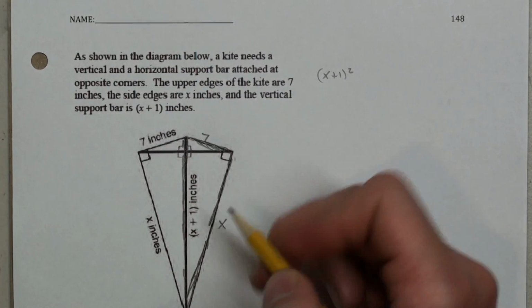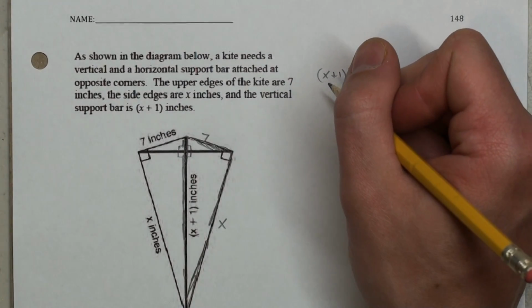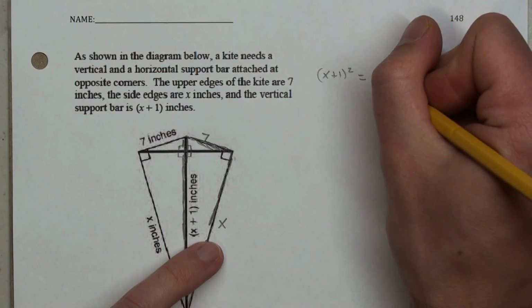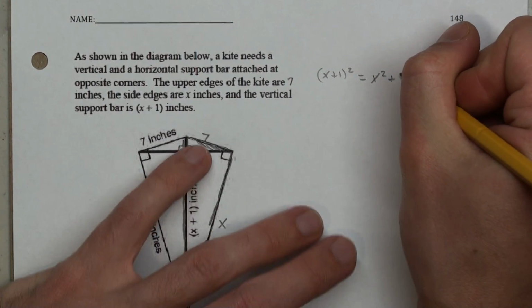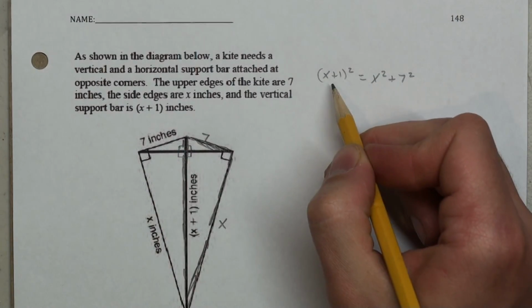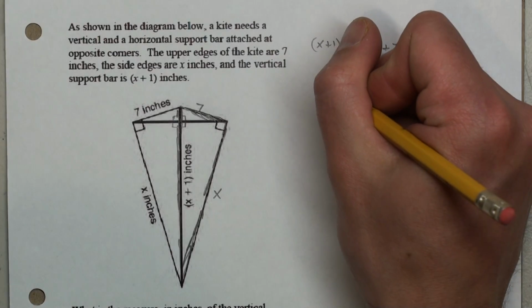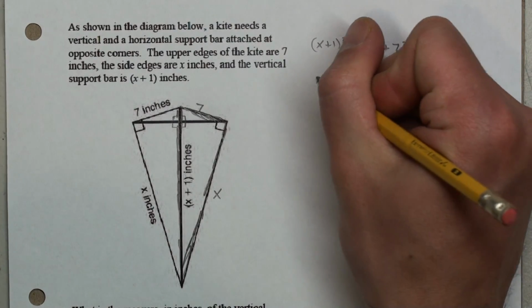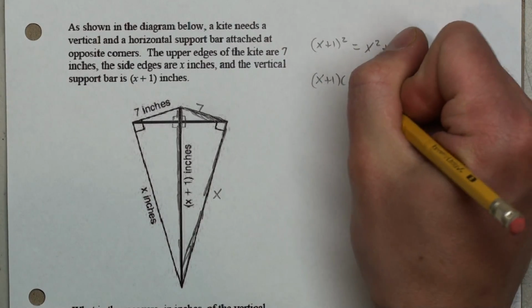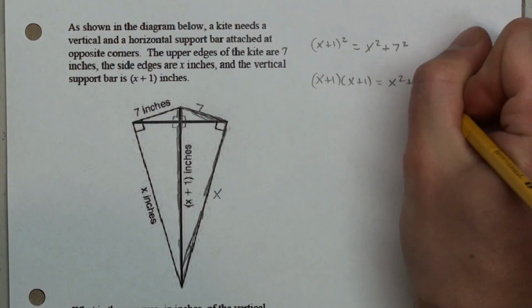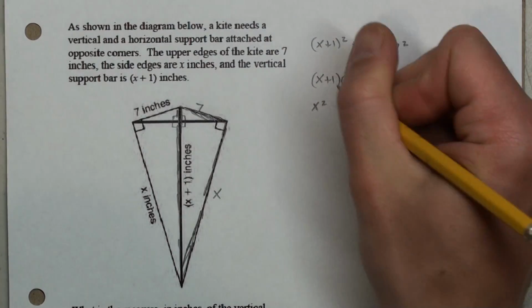Okay, so we have x plus 1 squared equals x squared plus 7 squared. So this is c squared equals a squared plus b squared, or you can reverse it. So we would have x plus 1 times x plus 1 equals x squared plus 49. So let's do FOIL.